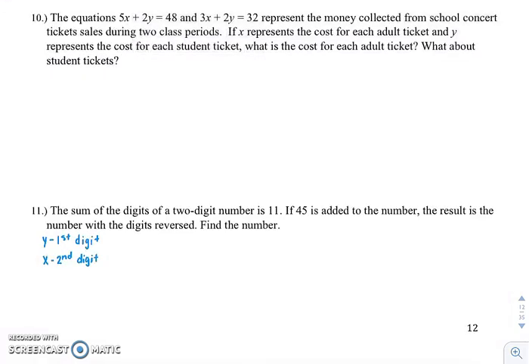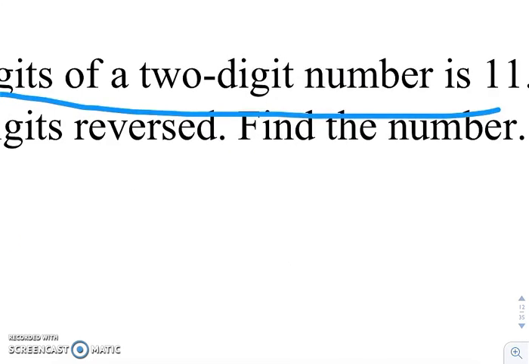We know those digits add up to 11. That's our first equation, so that one's not too bad. x plus y equals 11. And digits, remember, are 0 through 9: 0, 1, 2, 3, 4, 5, 6, 7, 8, and 9. There's just a single number for digits.